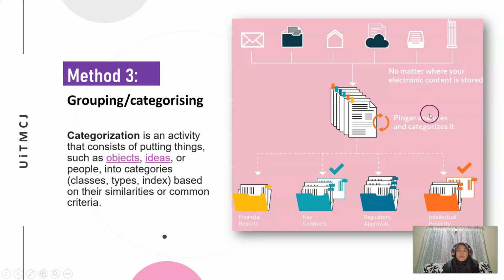We can categorize all the electronic content here, for example into financial reports, key contracts, regulatory approvals, and intellectual properties. So this is how you categorize. Normally you organize things with the same criteria together, right?